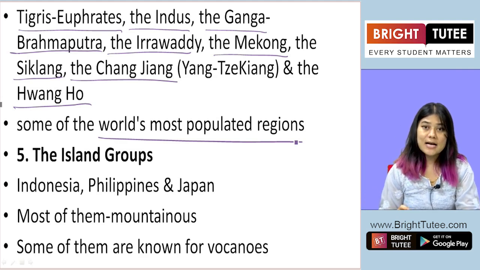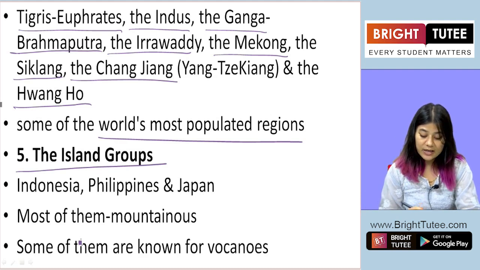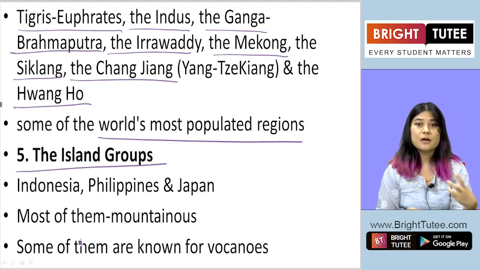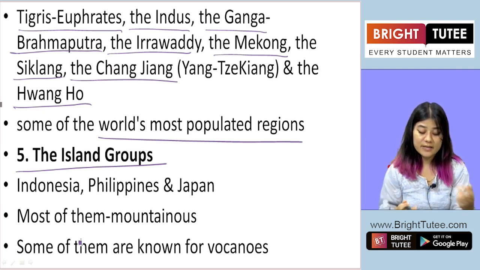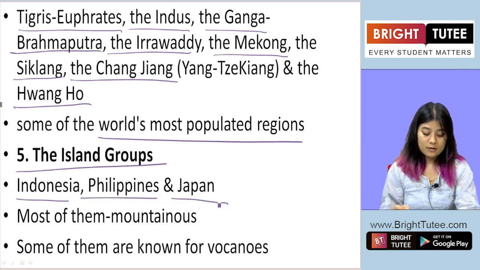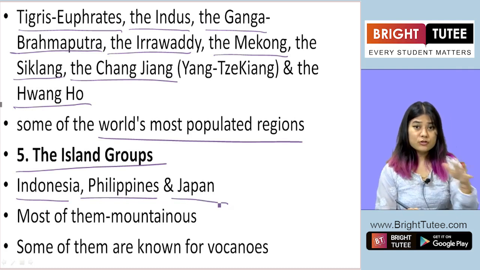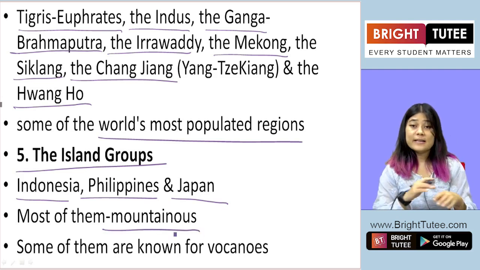The fifth and the last physical feature is the island groups, the islands, okay. Now, the island groups belonging to the continent of Asia are Indonesia, Philippines, Japan, okay. Now, most of these island groups are mountainous. They are not flat.